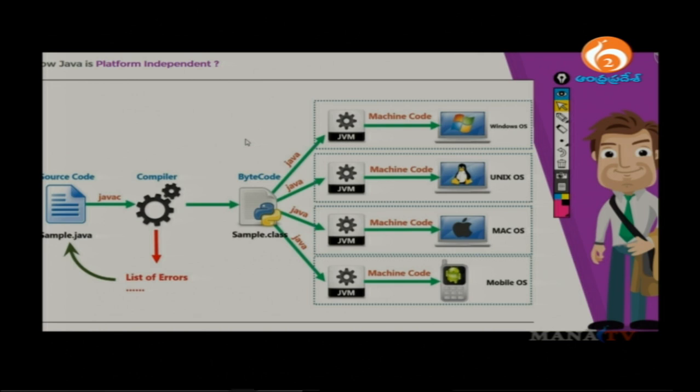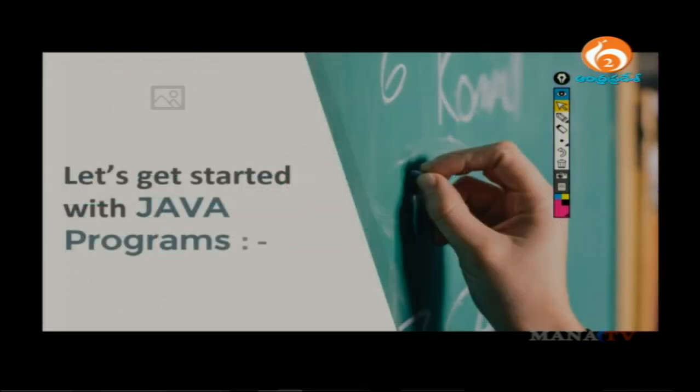Once that is clear, let me go to the next one. Now we have to start programming. Let's get started with Java programs. I have shown you how to write a Java program, how to compile it, how to execute it, and whether Java is platform dependent or independent.